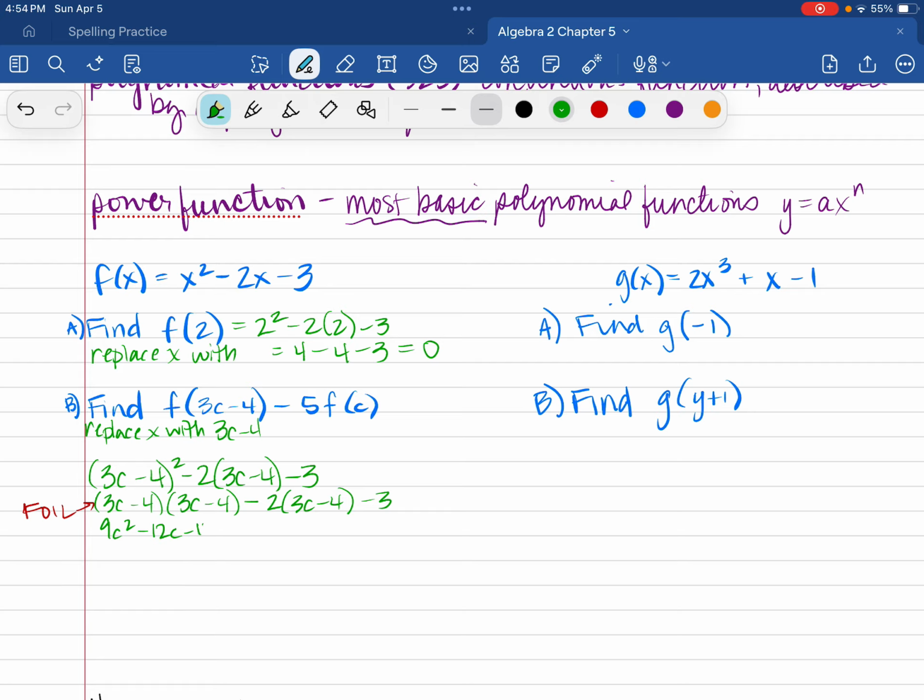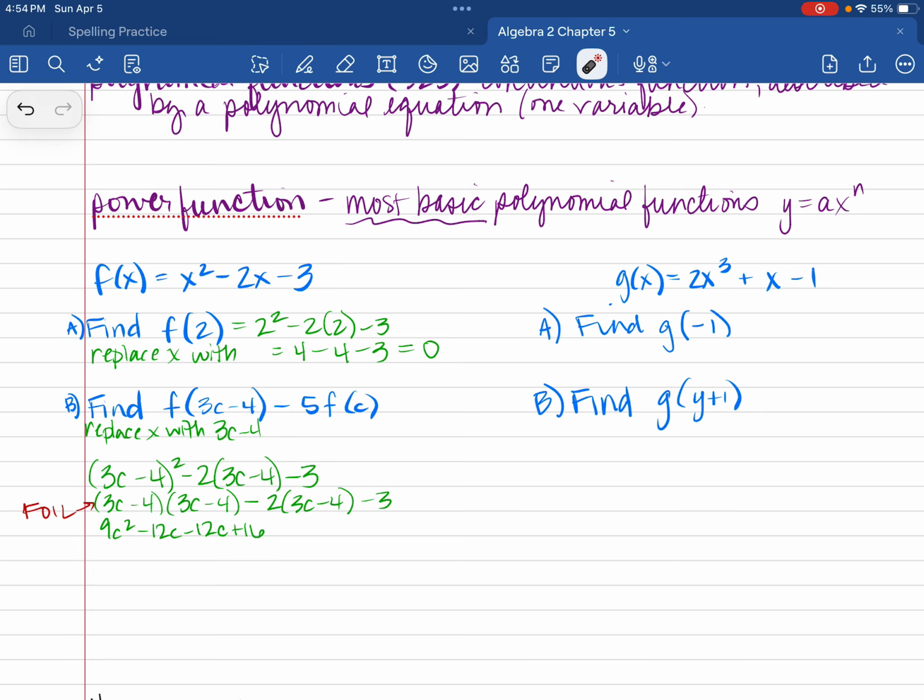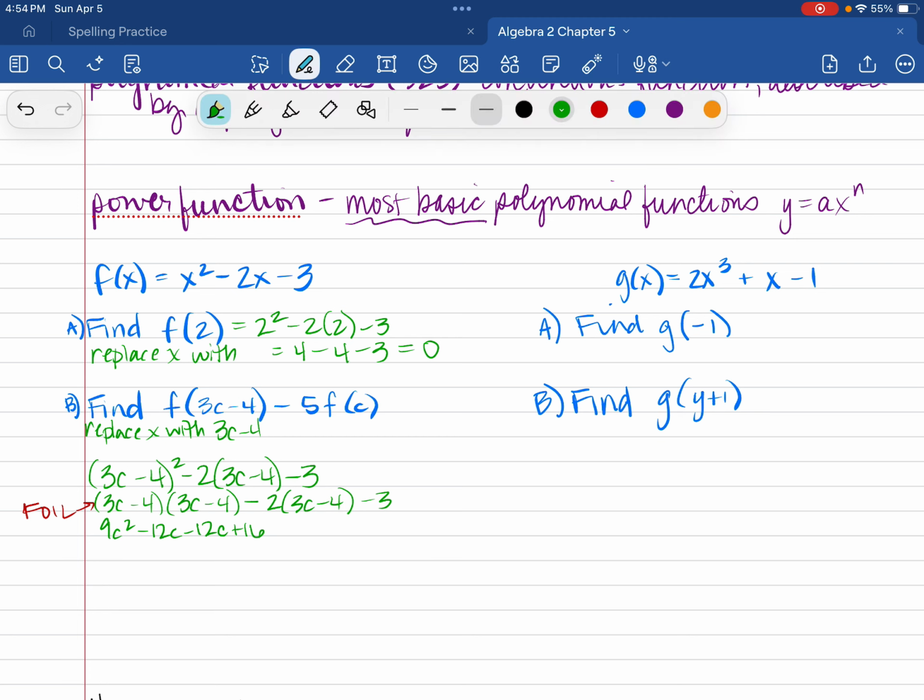Inside, another -12c. And then the last would be plus 16. In this second spot here, we are going to distribute a -2 through the parentheses. So we will have -6c, and then -2 times -4 would be plus 8 minus 3.